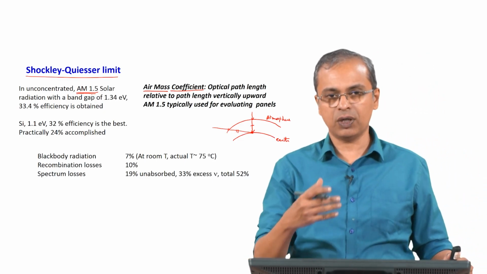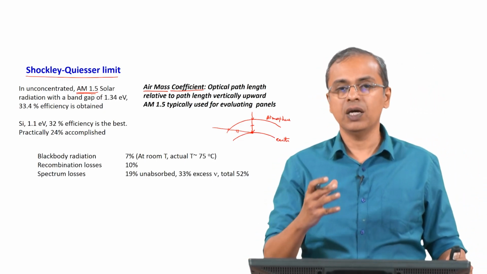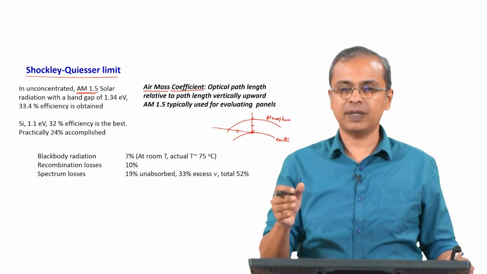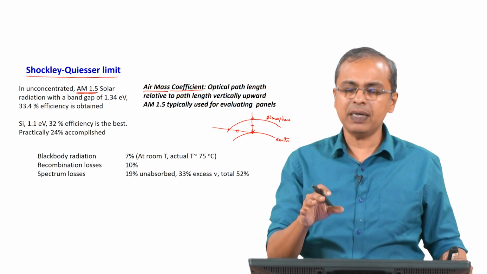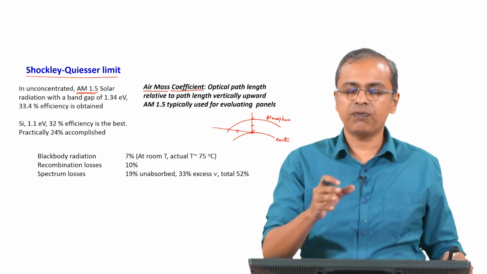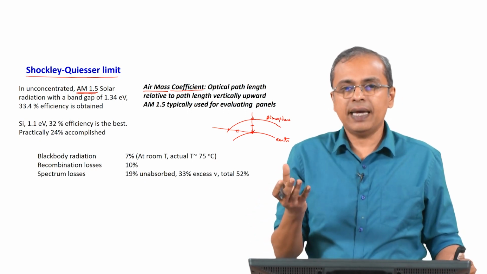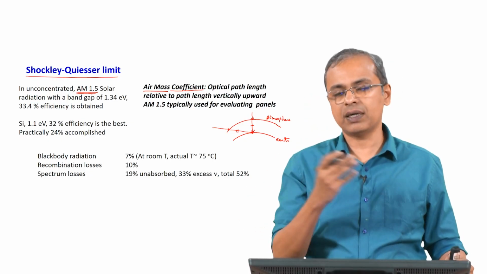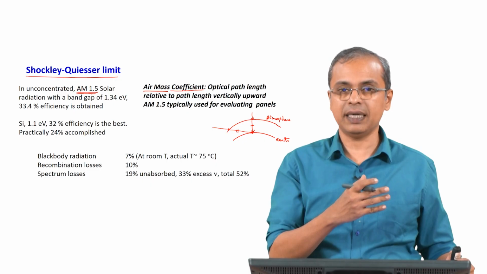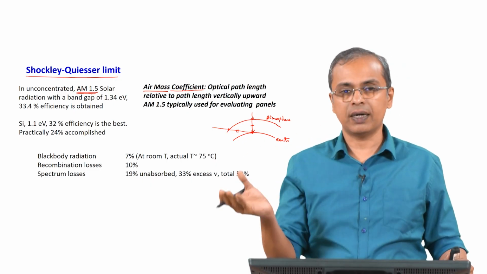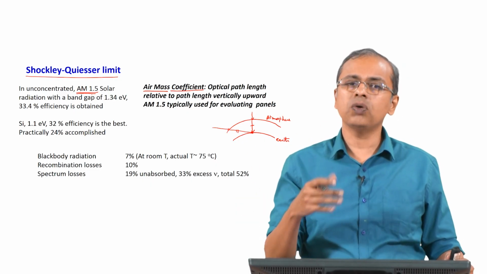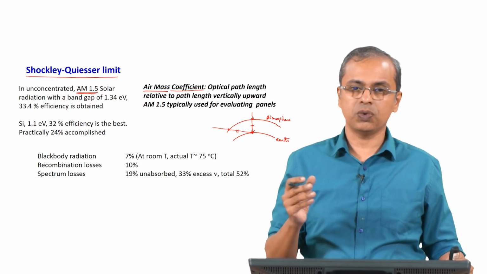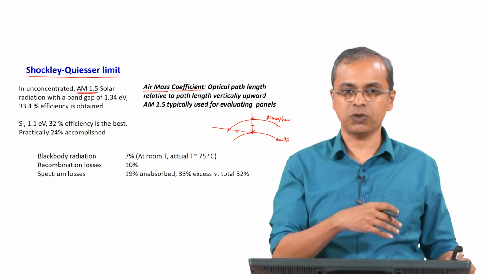So, they simulate or create AM 1.5 solar radiation, which refers to radiation that has travelled 1.5 times the thickness of the atmosphere to reach the point, primarily to average out for the fact that you are going to get AM1 only during the middle of the day. The rest of the day you are going to get much higher AM numbers on either side of the middle of the day. So, an average number of 1.5 is used to capture the range that is possible.